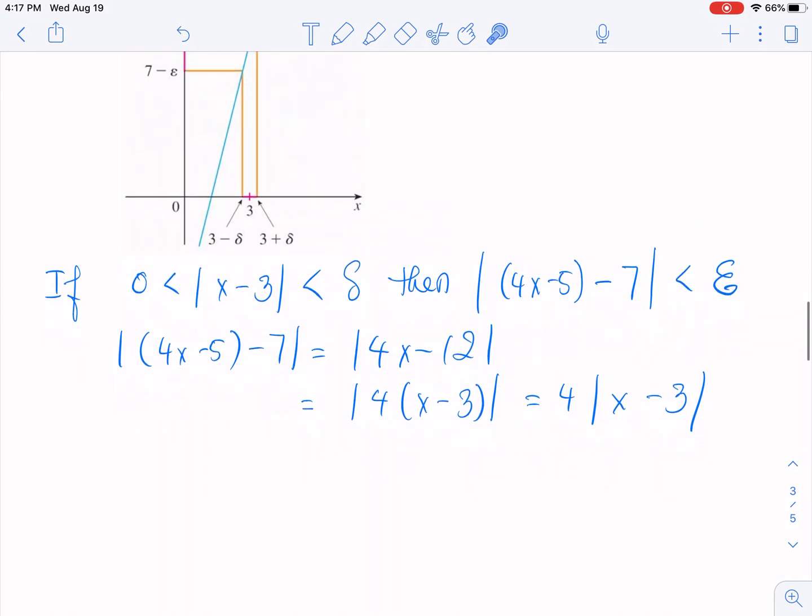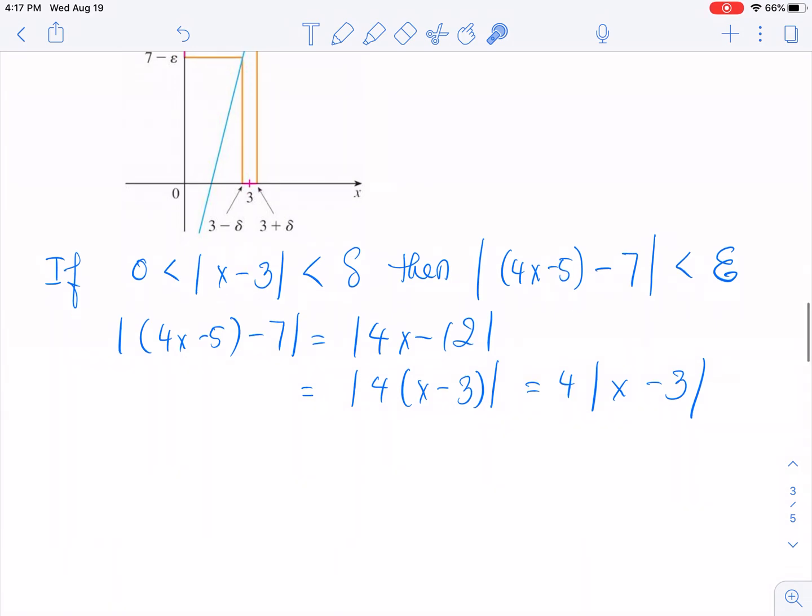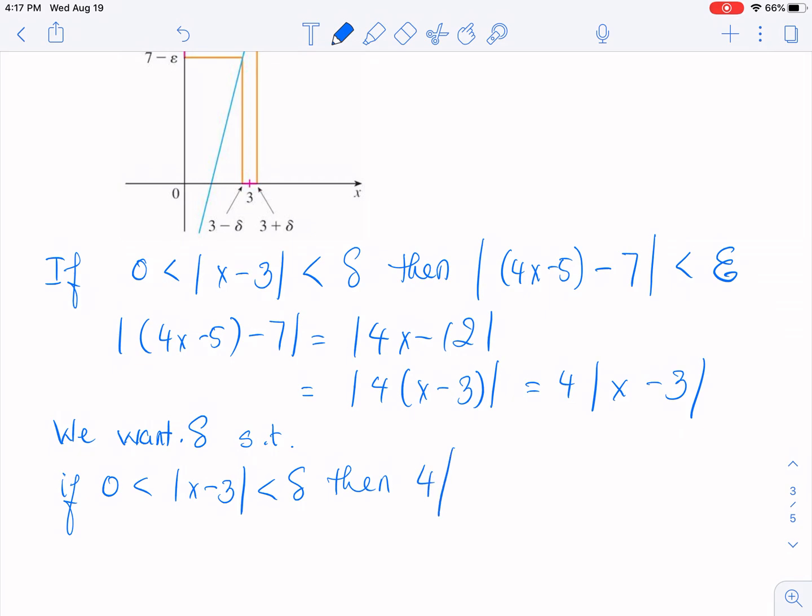Perfect, right? So you see we have x minus 3 here, we have x minus 3 here. Okay. So because of this, we want delta such that if 0 is less than |x minus 3| less than delta, then 4 times |x minus 3| is less than epsilon.